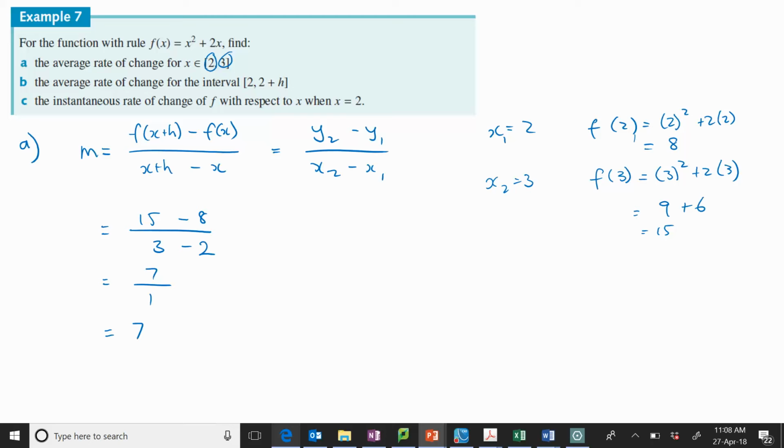So to do C would be I am going to find the derivative, 2x plus 2, but I want to know at 2 what that equals to. And that happens to give me 6. So the gradient at that point, that's called instantaneous. That's the difference between the two. So one is a rate, talking about an overall. One is a gradient, 1 point. So one's 2 points, one's 1 point.